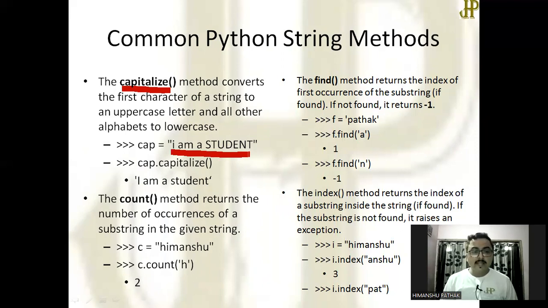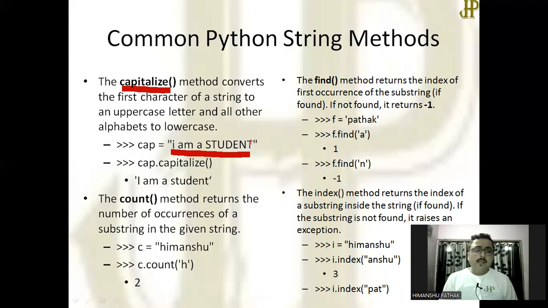Now in the next line, I have done variable name dot capitalize. So it will print I in capital and all other letters are automatically converted into small letters.